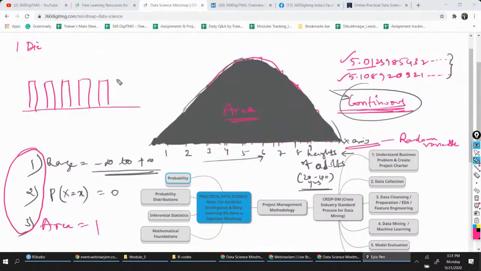Now for the die example, you cannot have any other value. You can have only these possible values. Fixed values were there. For the fixed values, probability calculation will be easy. 1 by total, I mean the desired events by total events. But here you cannot measure the probability for any single value. That is a big challenge that we need to address with respect to continuous data that we are going to deal with.